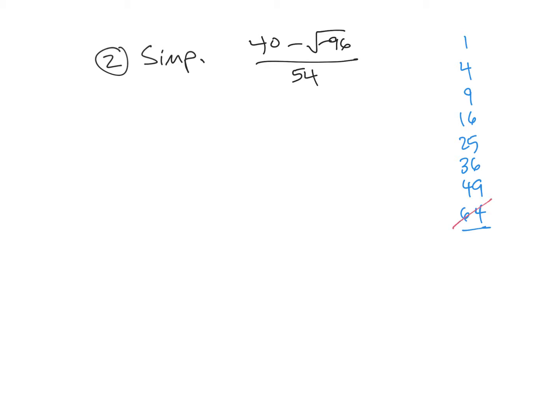It's not. So then I do 96 divided by 49. Is that a whole number? It's not. 96 divided by 36, is that a whole number? It's not. 96 divided by 25, not a whole number. 96 divided by 16, boom, we got it. So it turns out that 96 is 16 times 6.